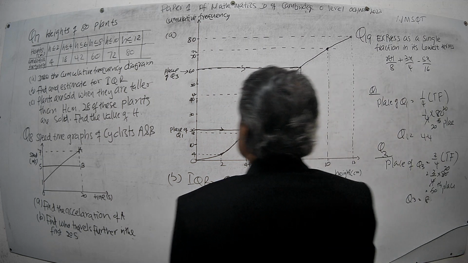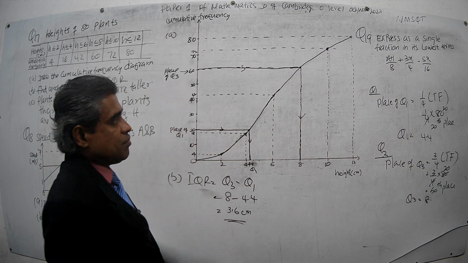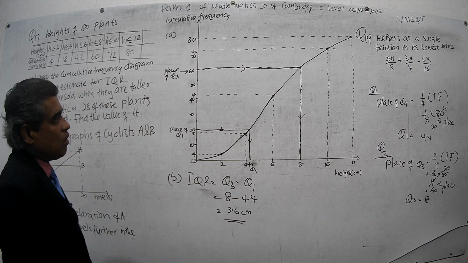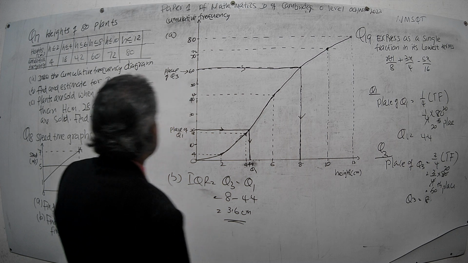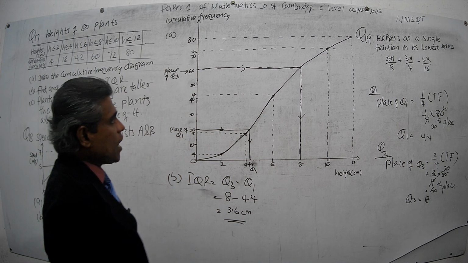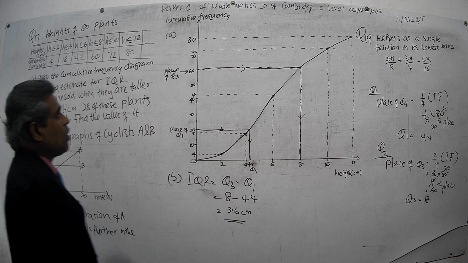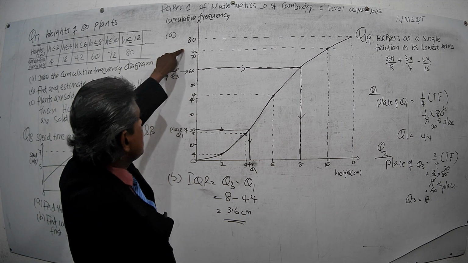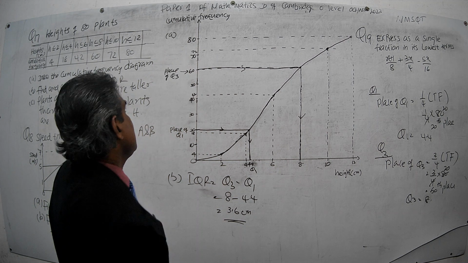The maximum height of plant is 80 centimeters. Therefore, plants are sold starting from the tallest plant, right? Tallest plant may be 80, and all other plants less than 80.